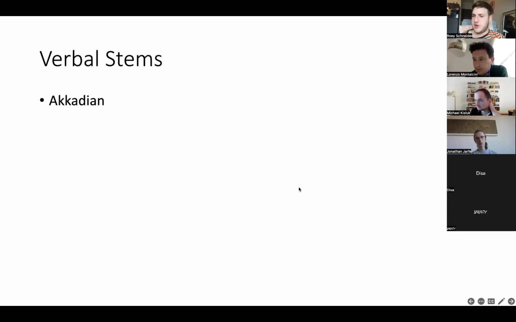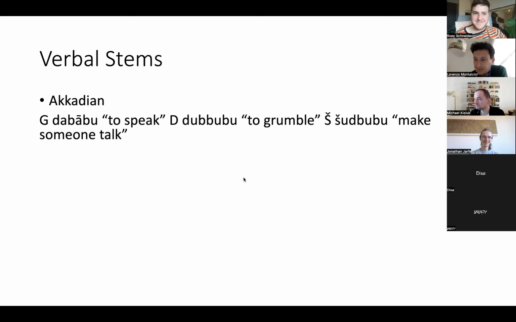No. Okay, so we'll talk about verbal stems. What kind of verbal stems do you know? Which ones have you heard of? Okay, so this is an example from Akkadian. For example, dababu means to speak.